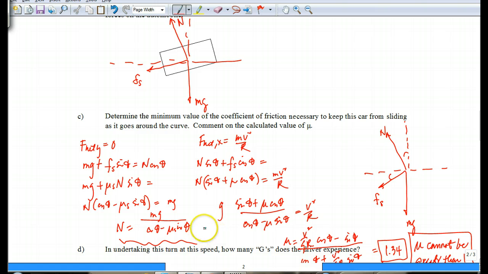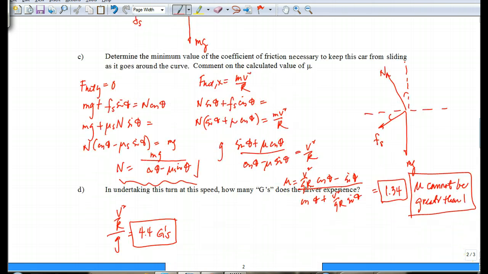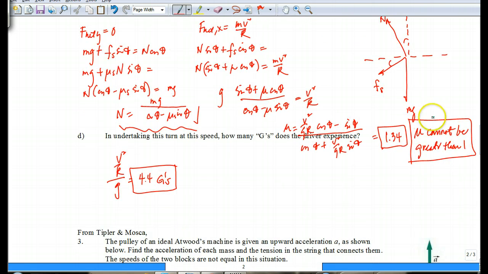If I substitute in the previous value for N into the equation, and I do some algebra, actually a lot of algebra, I end up with an expression for mu. I end up with mu of 1.34, which is very unusual or impossible, because the mu value should be less than 1. So this mu value is really not possible.